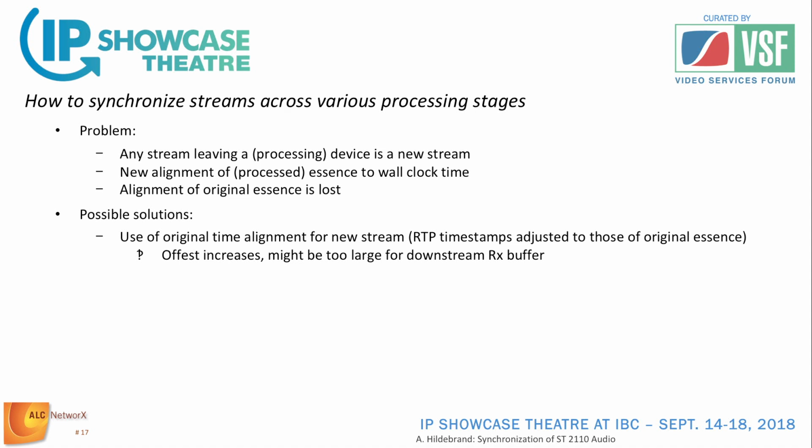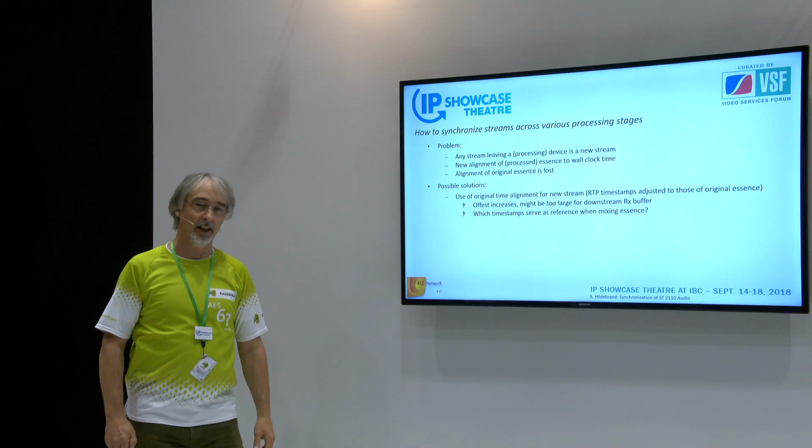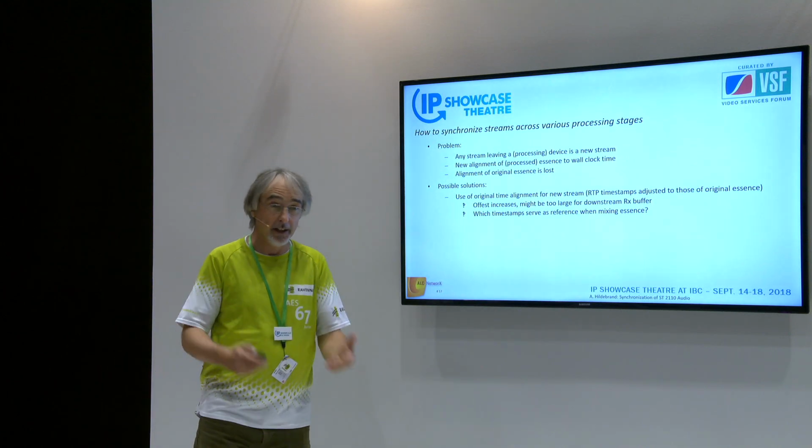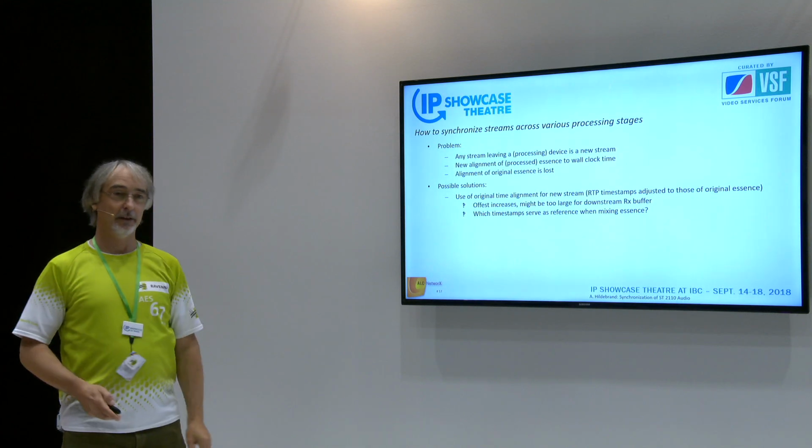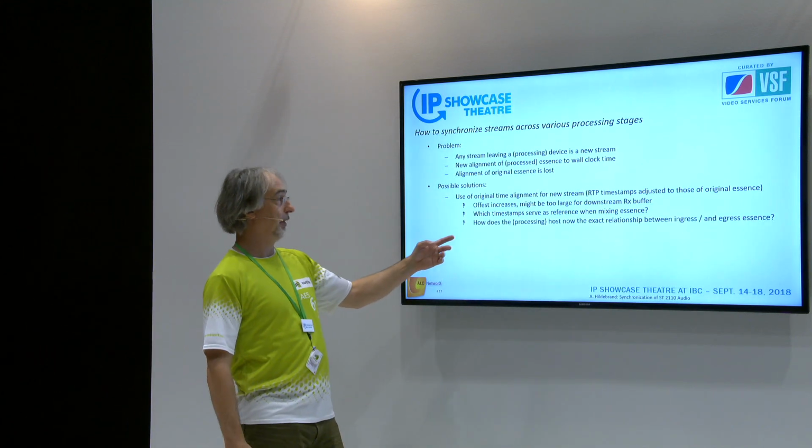Offsets may increase, they might be too large for downstream receive buffers if I back-relate the stream to it. Then if I have a mixing device, for example, which timestamp would serve as the reference timestamp? Is it an essence which can be related to any of the incoming essences at all? Or would I deliberately have to instantiate a new stream? And how is that then referenced to any audio, maybe?